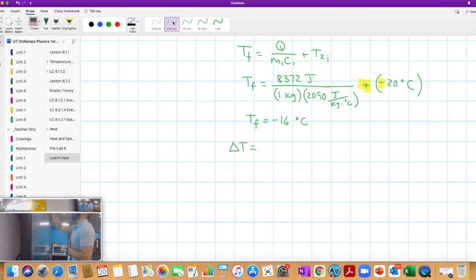Negative 16 degrees Celsius minus negative 20 degrees Celsius.